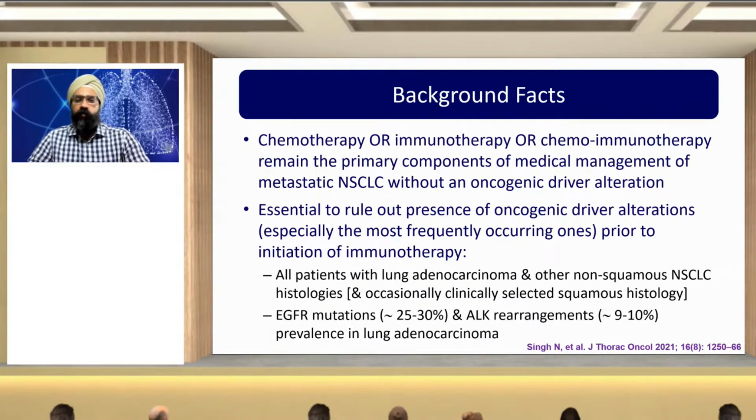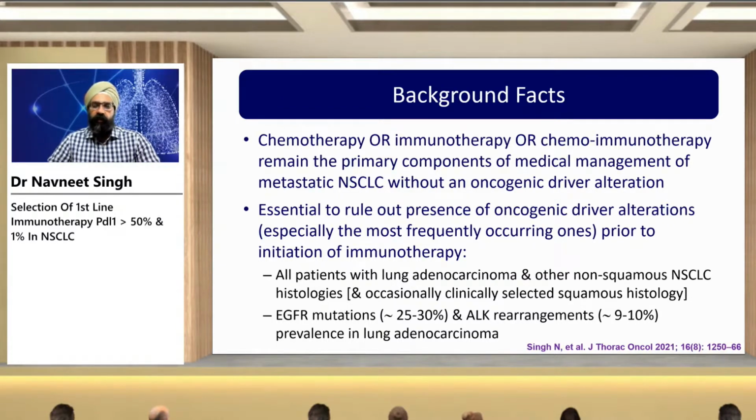That would include testing all patients with lung adeno and other non-squamous NSCLC histologies, and occasionally clinically selected squamous histology as well. By the most frequently occurring ones, I imply EGFR mutations, which have a prevalence of approximately 25 to 30% in our setting, and ALK rearrangements of approximately 9 to 10% in our setting in lung adenocarcinoma.